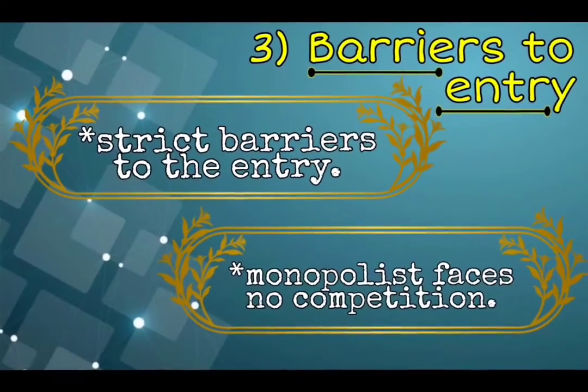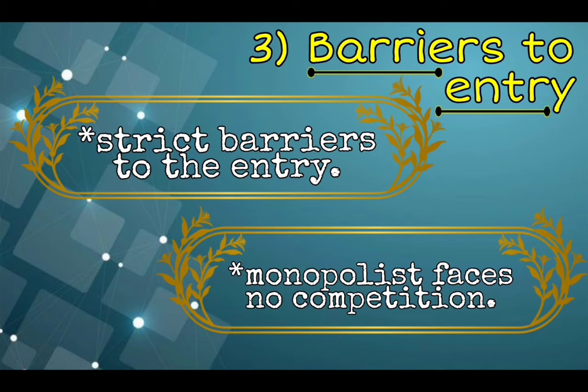Furthermore, the third characteristic is barriers to entry. In a monopoly market, there are strict barriers to the entry of new firms. The barriers to entry are natural or legal restrictions that restrict the entry of new firms into the industry.